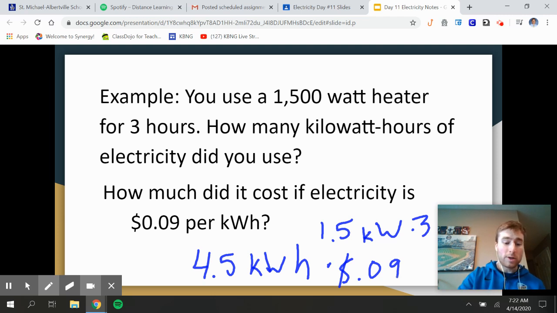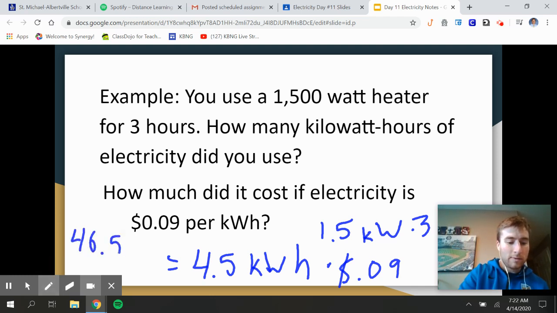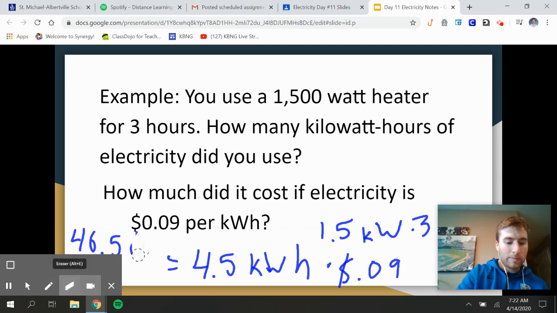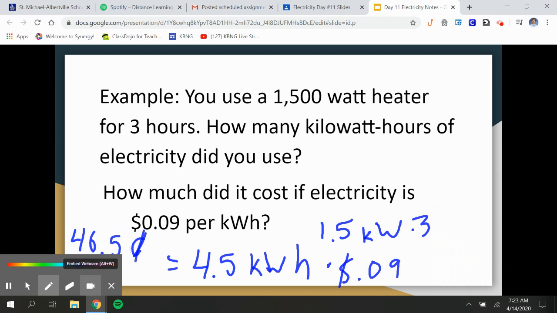It cost us 40.5 cents, or $0.405 to run that for that long. Pretty simple for us. And that's how you do it.